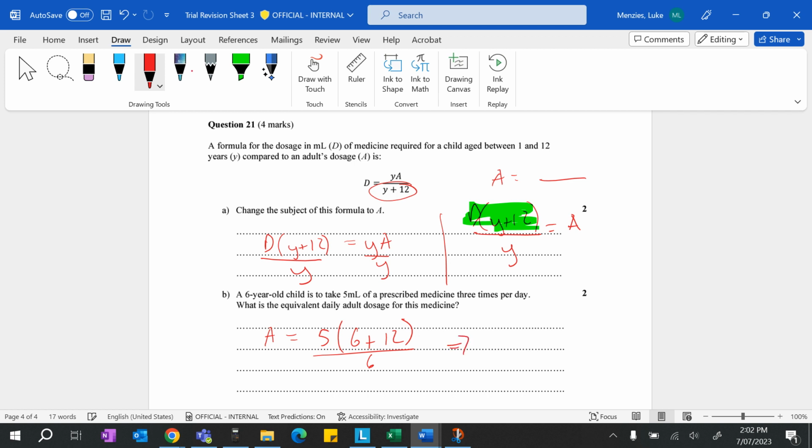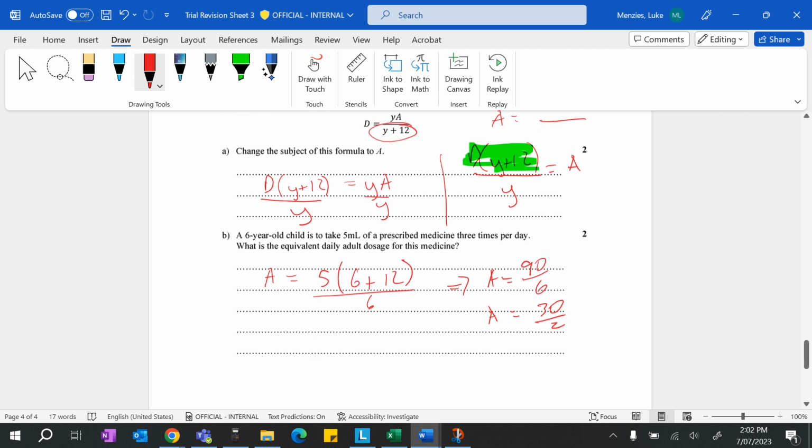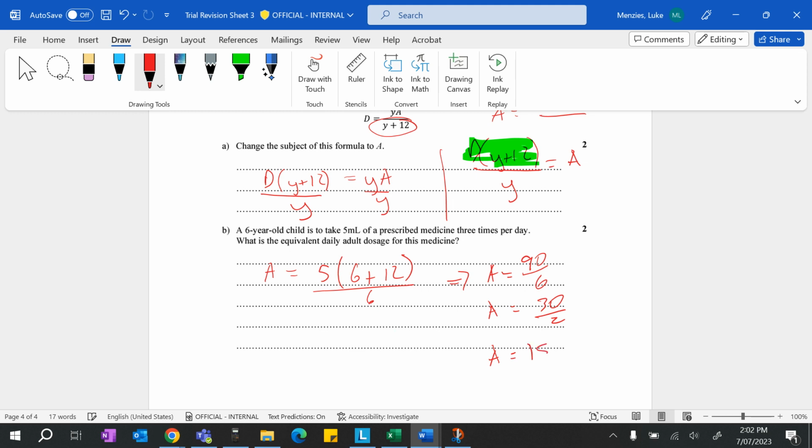And that should translate to A is equal to, what's that? 18 times 5, 90 over 6, which is what? 3 goes into 30 times. So it's 30 over 2, so 15. So it should be 15 milliliters.